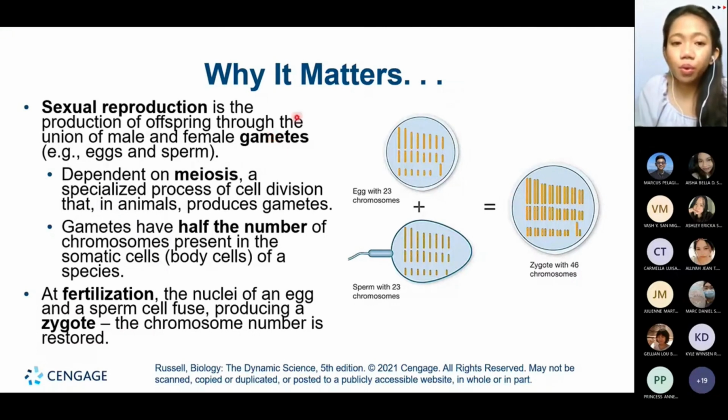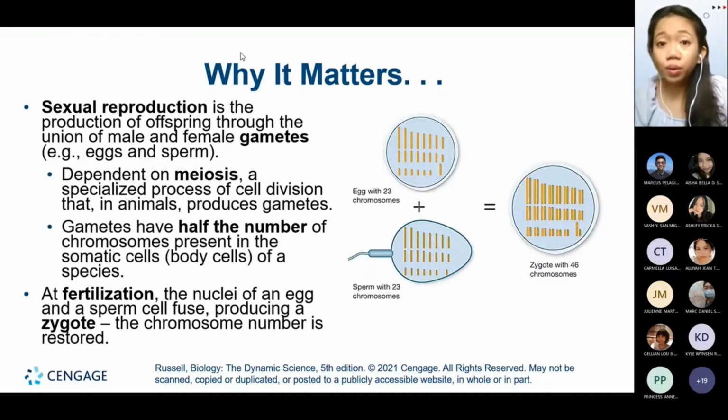Now, in terms of division, it's always half the number. Okay? Half the number ang laman na chromosomes ng egg cell and sperm cell. So if we're going to classify it, is this considered as haploid or diploid? Again, if we are referring to only half of the chromosomes, is that haploid or diploid?